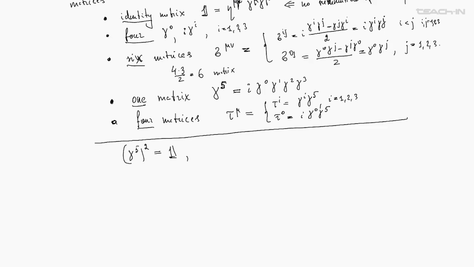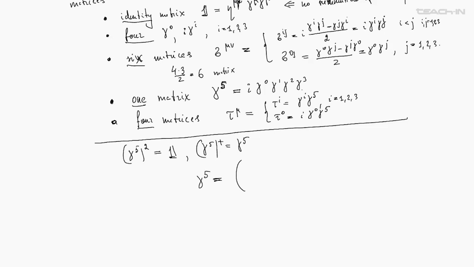In the Dirac representation, if you substitute gamma 0, gamma 1, gamma 2, and gamma 3 in the definition of gamma 5, the explicit form of gamma 5 is 0, 1, 1, 0.